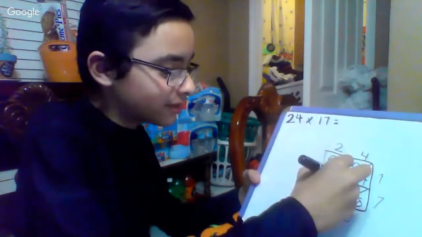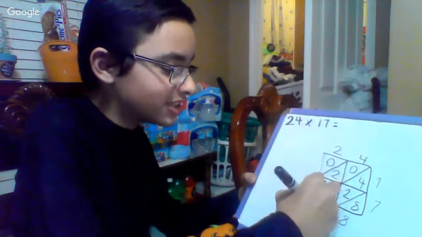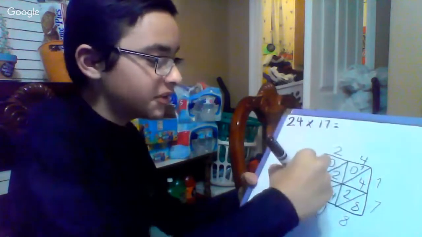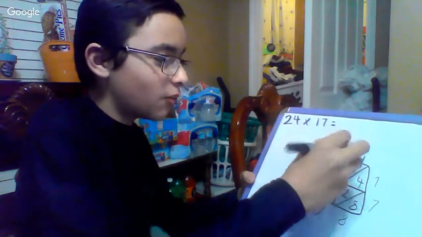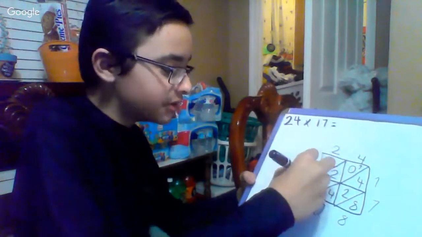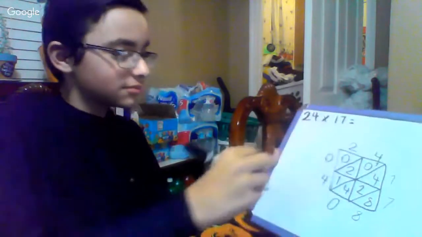Then you have 4 plus 2 plus 4, which is 10. And since that's a two-digit number, you put 0 here and then carry the 1. So 1 plus 0 plus 2 plus 1 is 4. So you do that, and then 0 equals 0.